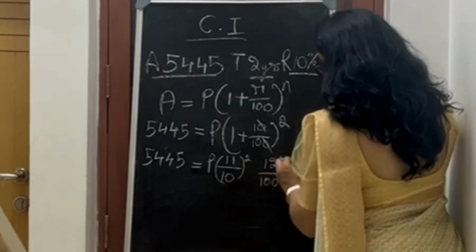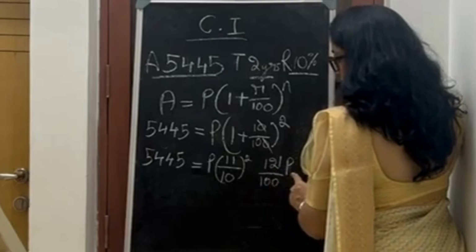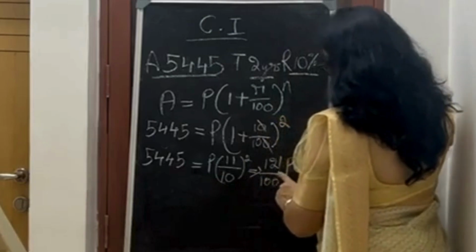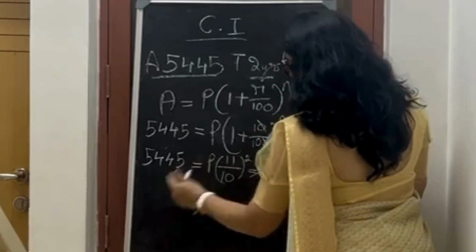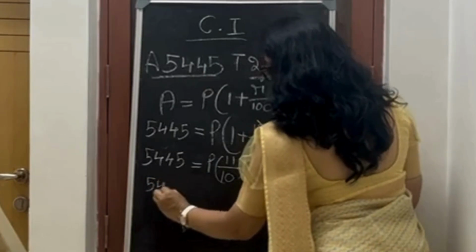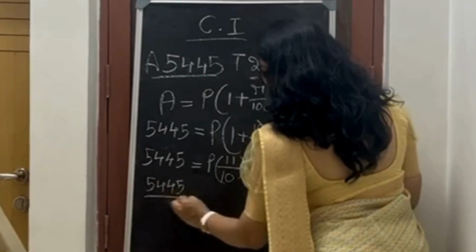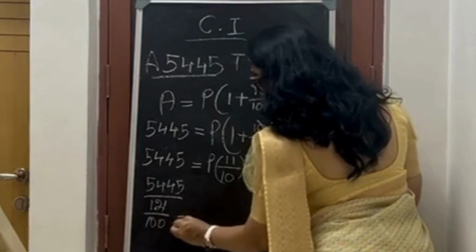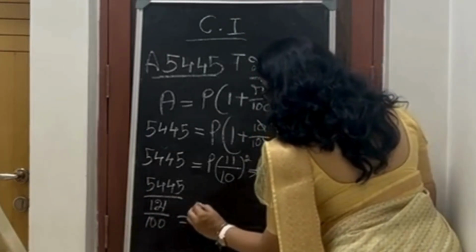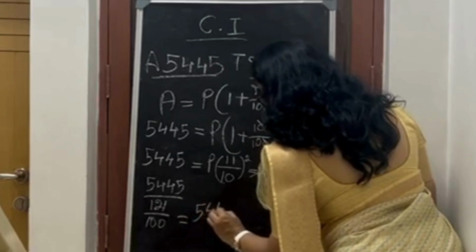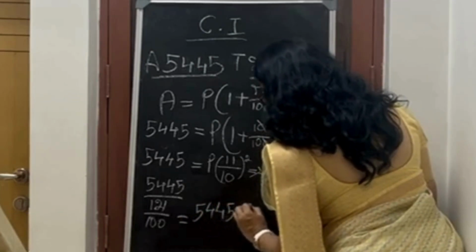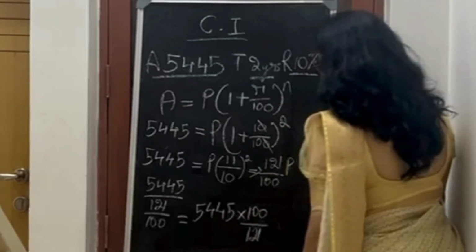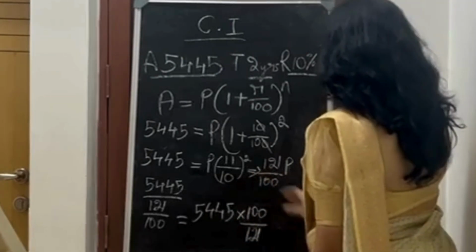So it will be 121 by 100 P. This is multiplication. So if I take it to this side, it will be division. If you have seen my earlier videos, you know how to use the fraction divisions. You have to reciprocate them now. Now I have to solve this.